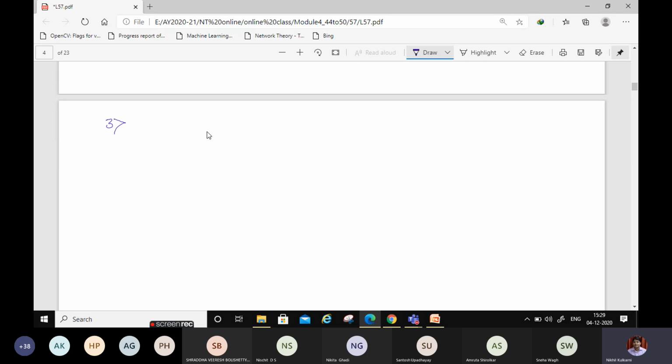Third one. So if you have a signal f of t given like this, 0, 1, 2, 3, 4, 5 like this.